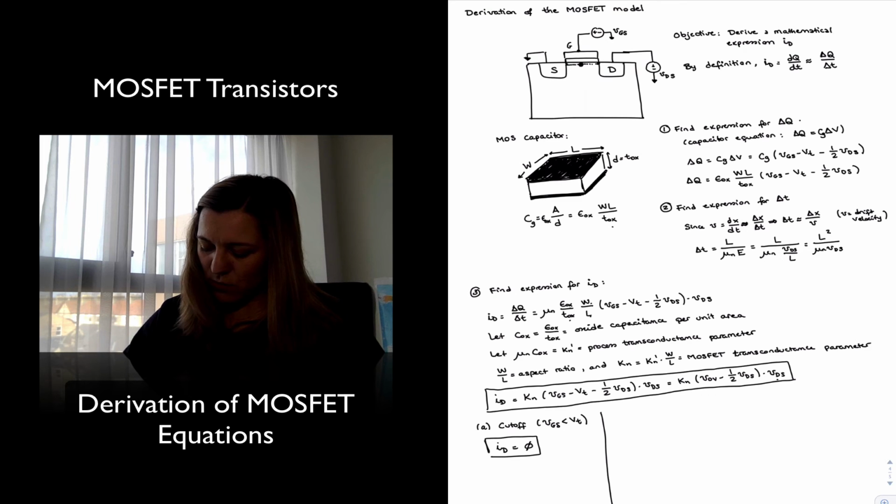Then we have our triode region, and the conditions for triode, where first VGS must be greater than the threshold voltage, and VDS is less than the overdrive voltage, VGS minus VT.